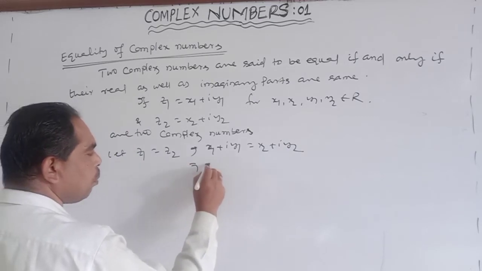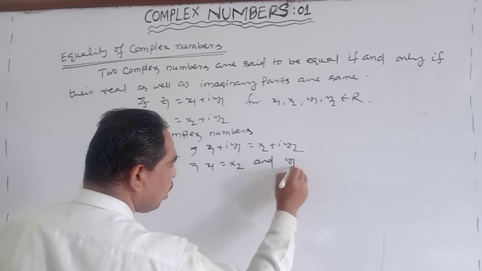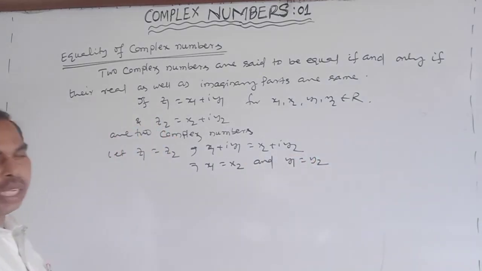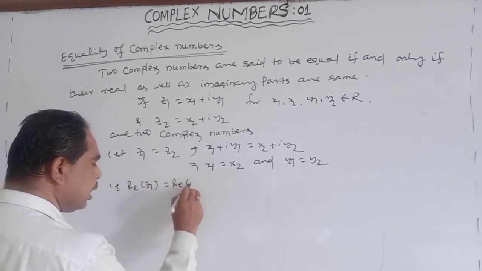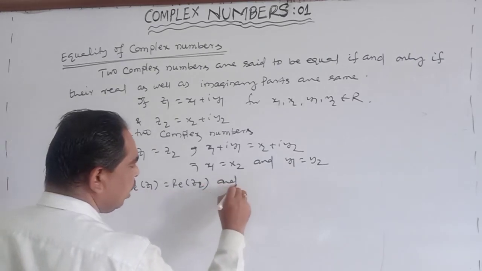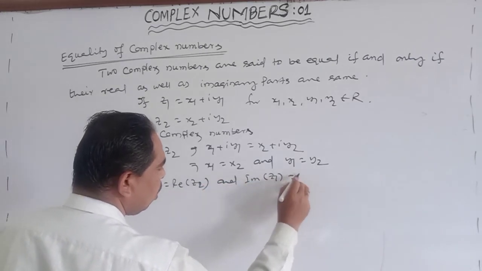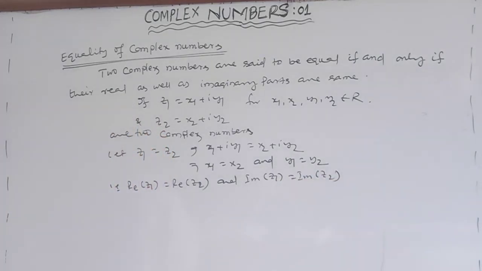So this implies x1 is equal to x2 and y1 is equal to y2, that is Re z1 is equal to Re z2, meaning real part of z1 is equal to real part of z2, and Im z1 is equal to Im z2.